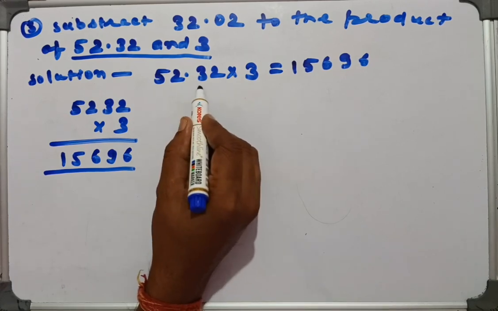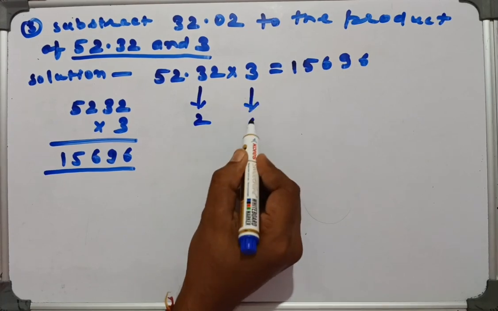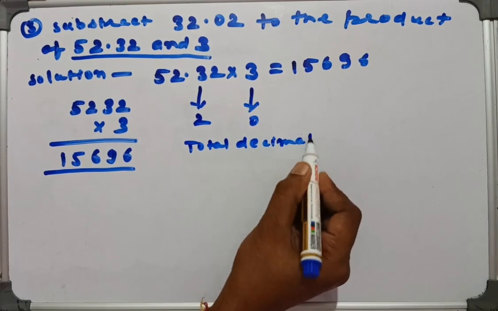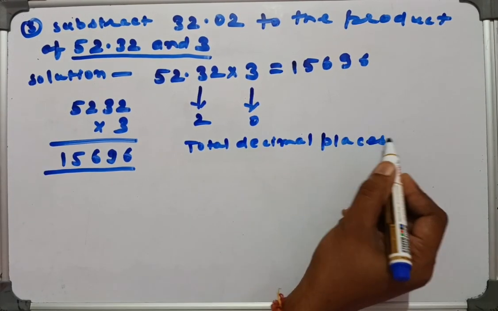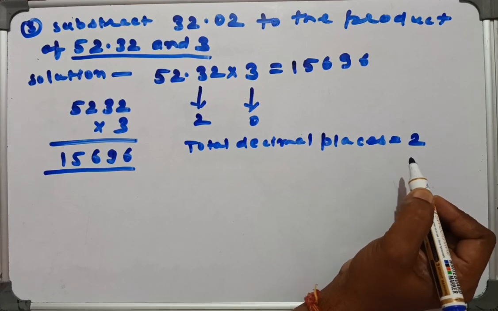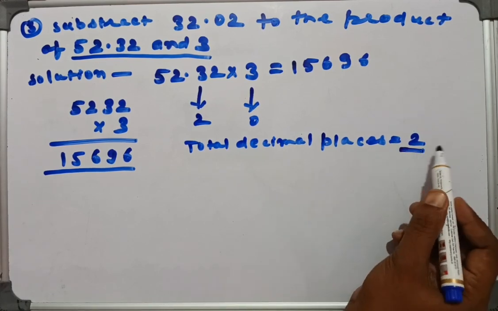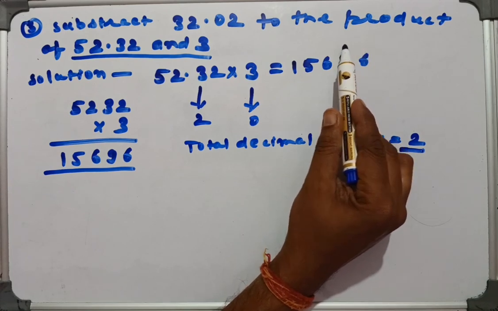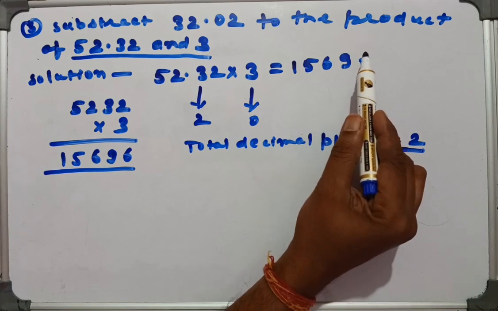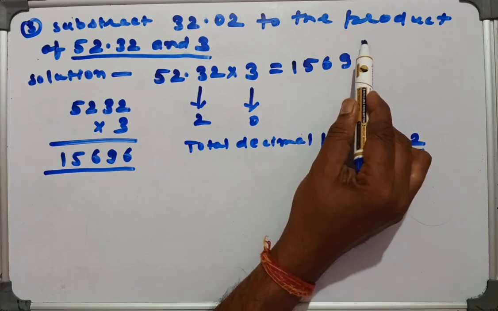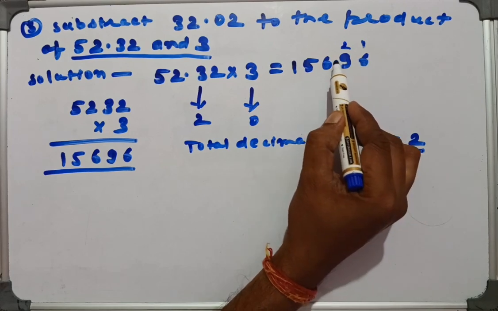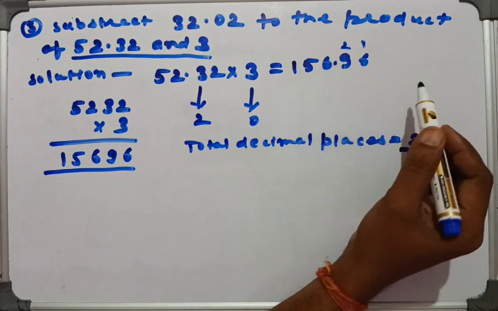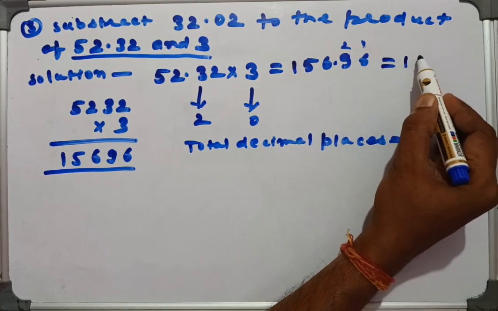So this one has 2, this one has 0, so total decimal places equal 2. Now you proceed from the extreme right and move to the left, 2 places: first place here, then second, then stop, or put a dot before 9.